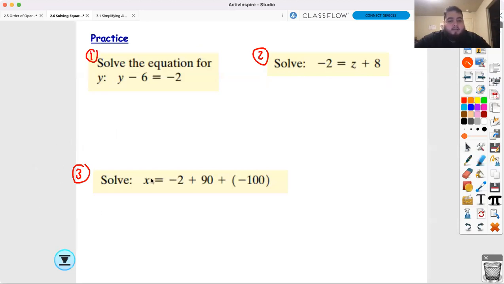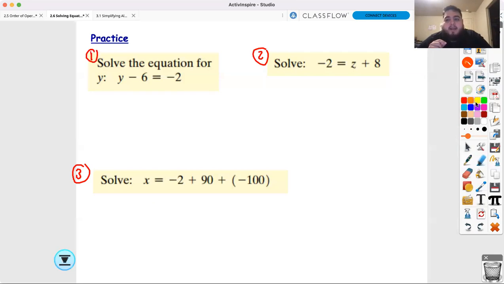Okay, so Nicholas, look at number 3, right? It says x equals all these adding problems, right? x is already by itself, so all we have to do is simplify the right side. It's saying -2 plus 90 plus -100. Remember, we have to add and subtract from left to right. But look at the plus negative.